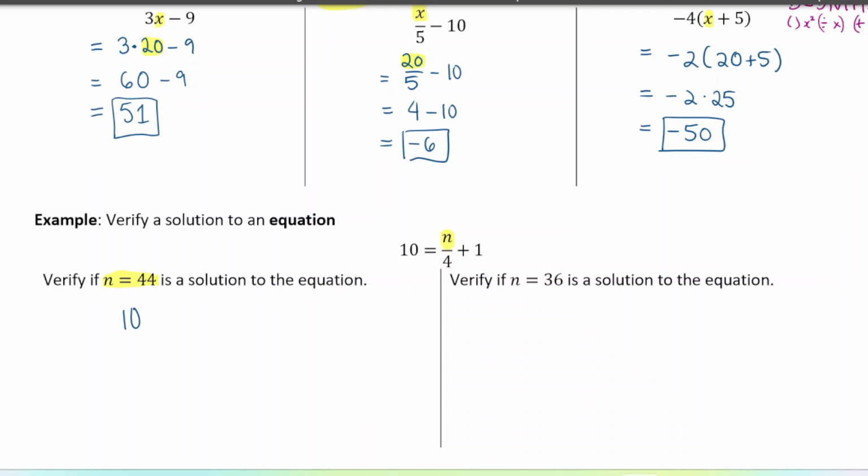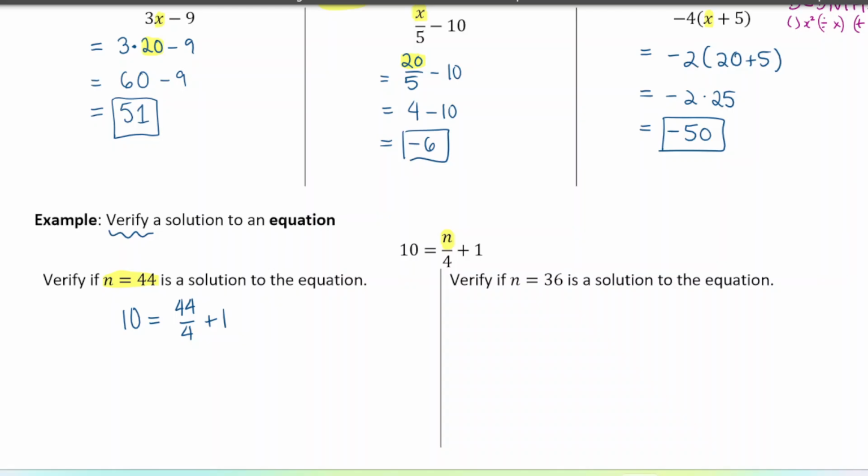So I have 10 equals 44 over 4 plus 1. The point of this lesson is just to get used to all the different types of questions we'll be doing throughout the chapter. So verifying is one important skill here. We're going to have to be able to check if our solutions are correct.